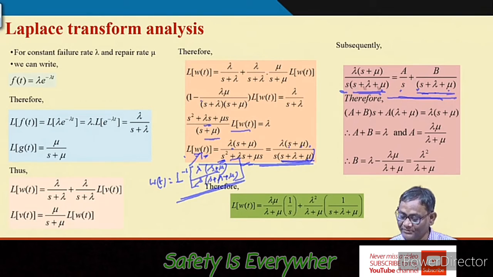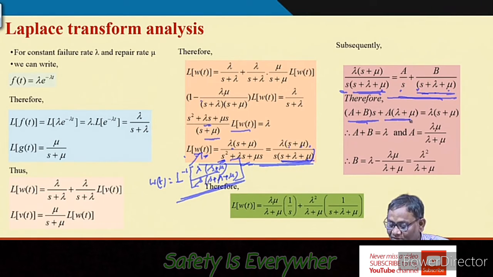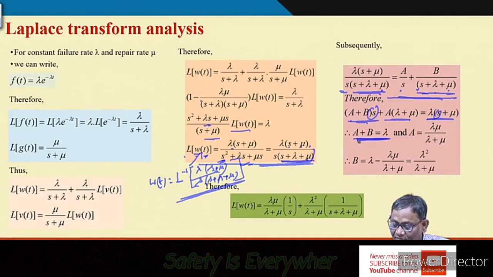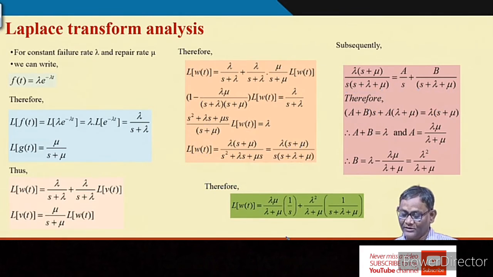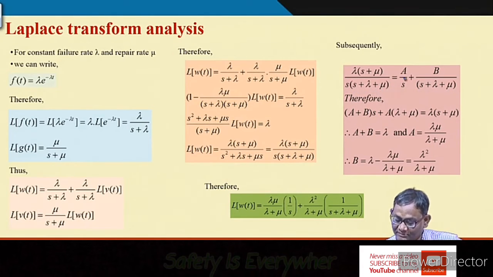So now if you solve this equation, what will happen ultimately? You will find out A plus B into S, plus A into lambda plus mu, equals this, and here A plus B will be equal to lambda, because S terms will be compared and the remaining terms will be compared. You may be wondering how it is coming.